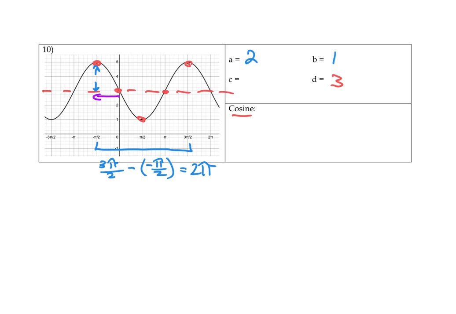So my C value is negative pi over 2. So now f of x, my cosine starts up high, so it's positive. So amplitude of 2, cosine, B value is 1, so I don't need to worry about putting anything, minus negative pi over 2 plus 3.